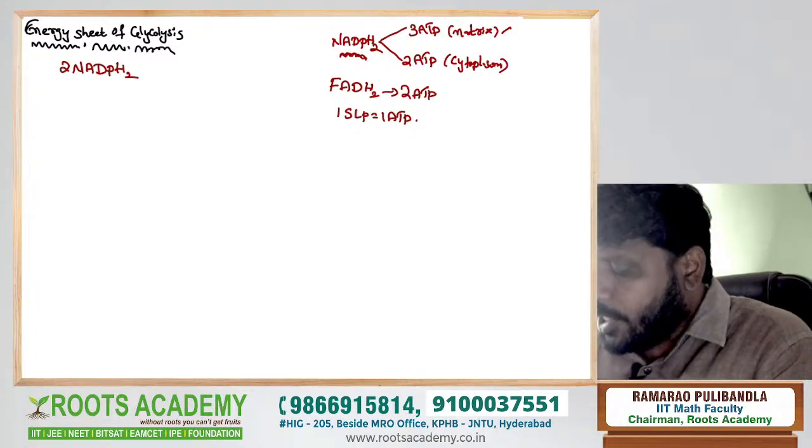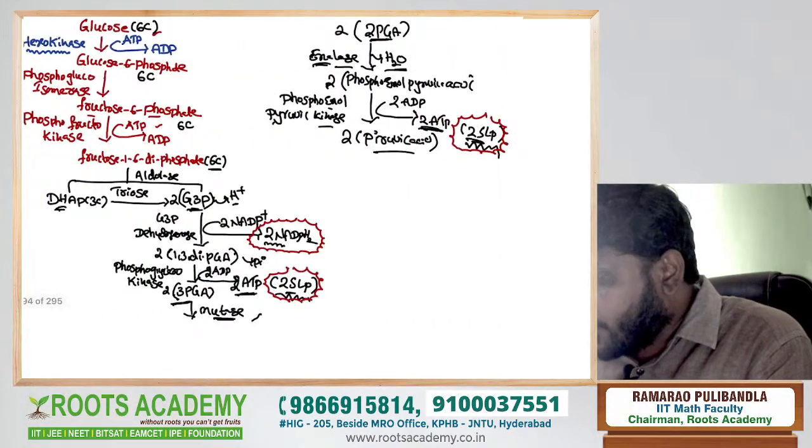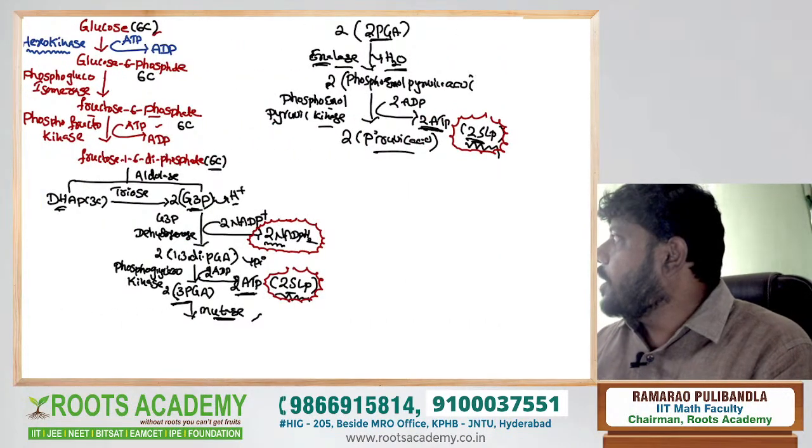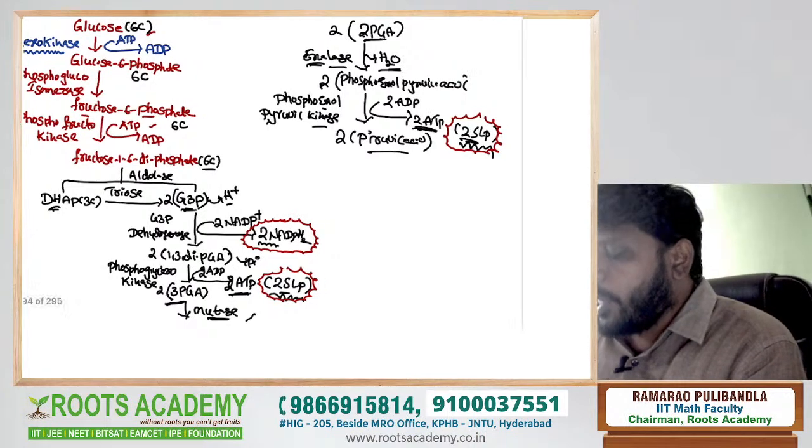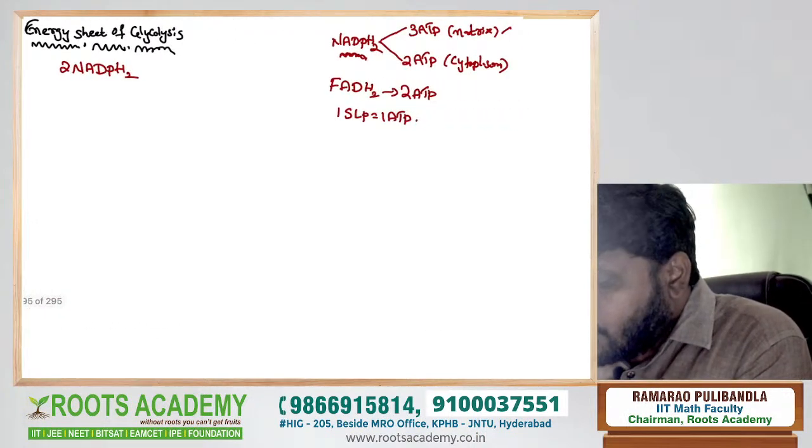Clear? See, here let us see how many NADH2 we have. This is glycolysis. At the end of glycolysis, how many NADH2 do we have? 2 NADH2.